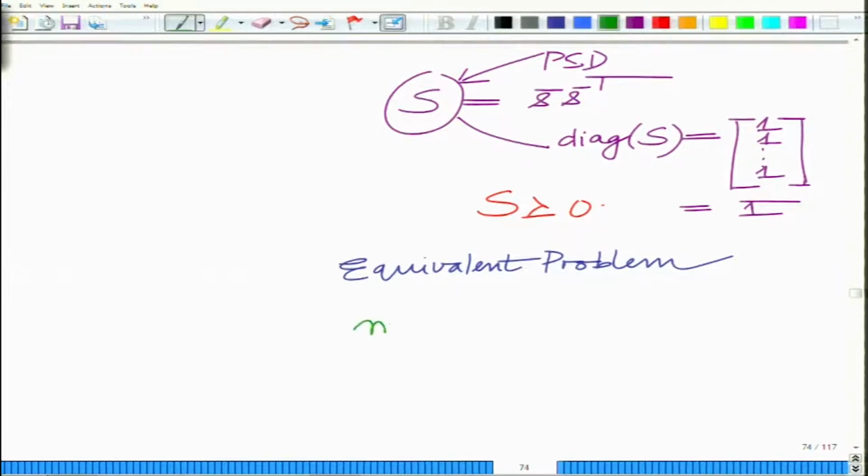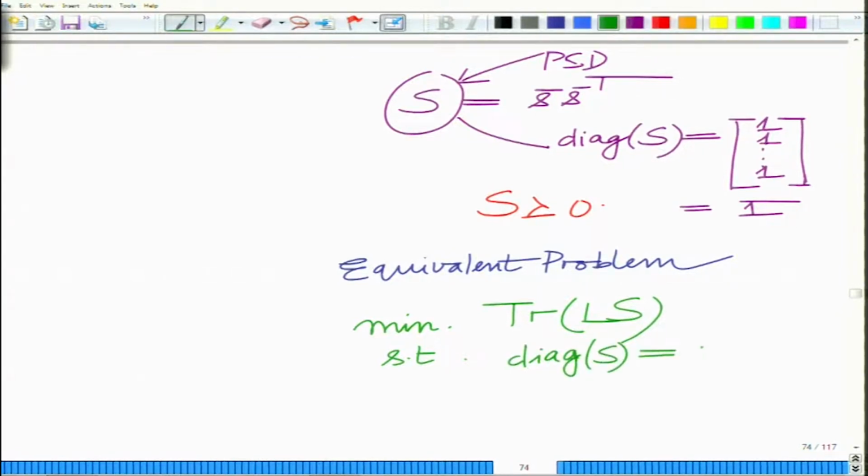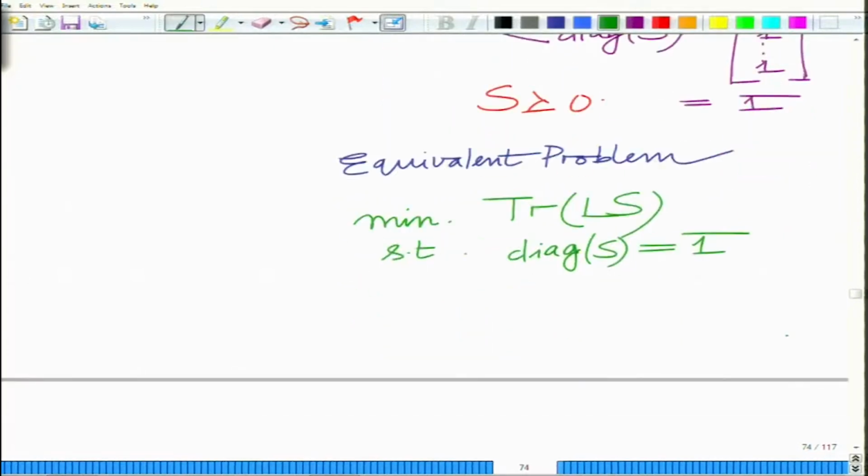The equivalent problem is: not minimize S bar transpose L S bar, I apologize, this is minimize trace of L S subject to the constraint that S is a positive semi definite matrix, that is S greater than or equal to 0, and the diagonal of S is 1 bar, that is each element on the diagonal of S is 1, the vector of 1s. S is a positive semi definite matrix.